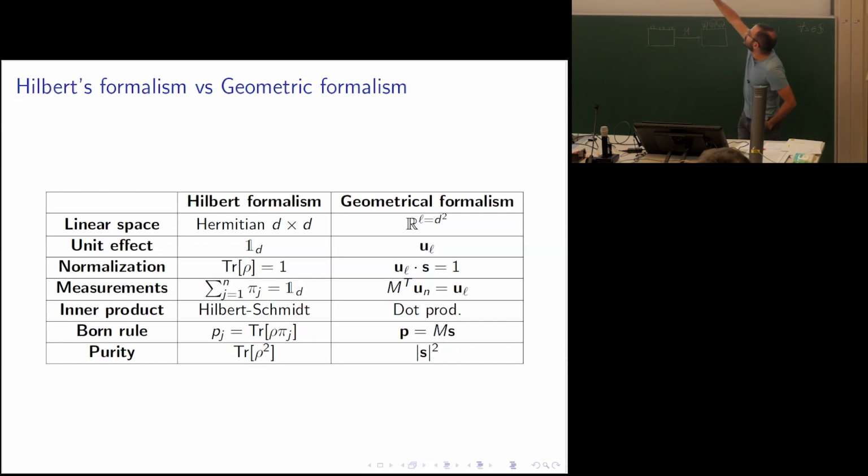And in the GPT formalism, like I wrote here, the Born rule is just an application of a linear map to a state. A state is a vector. A measurement can be presented as a linear map on it, so a matrix on it. And the output is the probability distribution on the outcomes of that measurement. Okay, just one technicality, I need the final line, so purity.